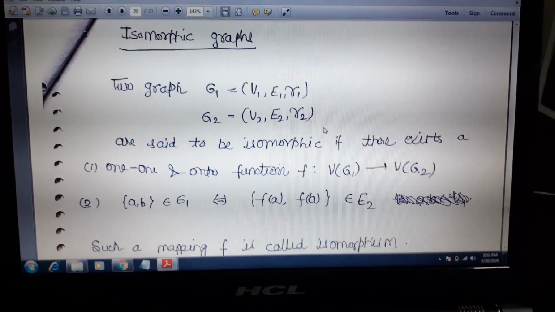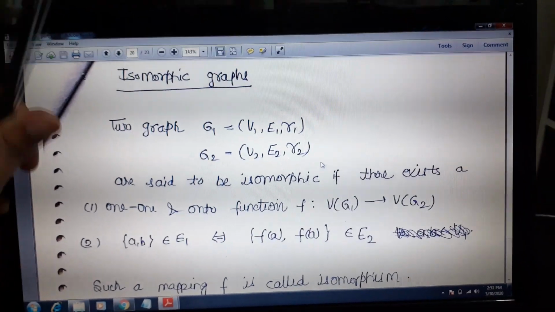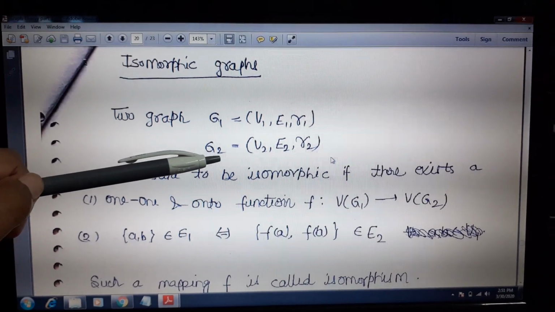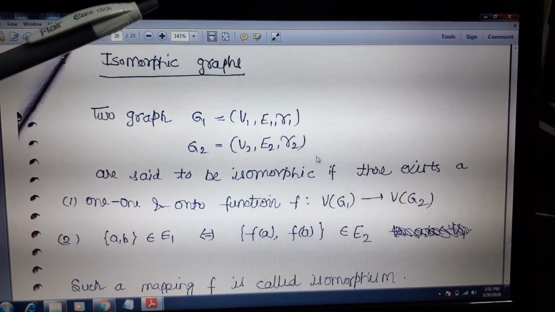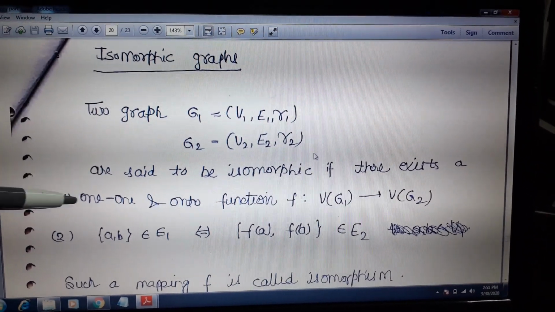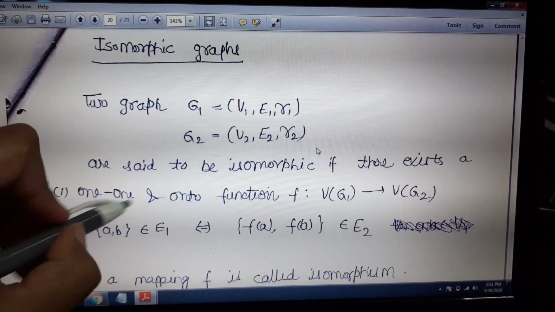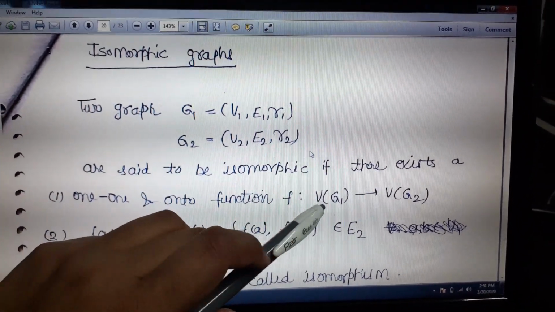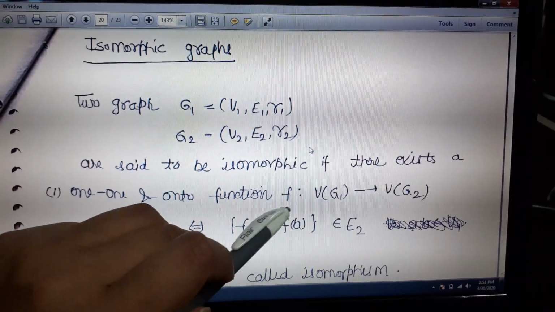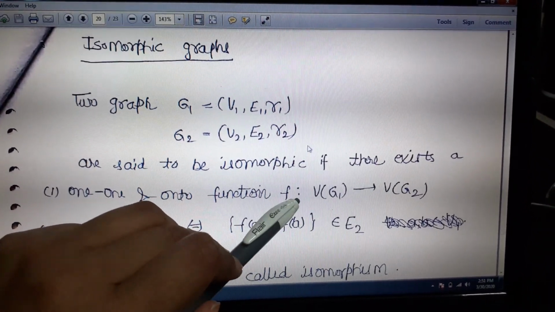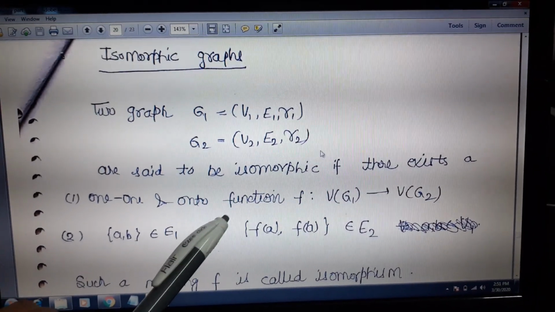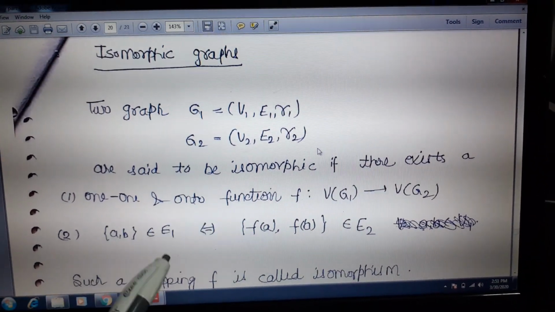Now let us get back to the formal definition. Here, G1 and G2 are the graphs given to you. As I told you in the example, these graphs are said to be isomorphic if you have a 1-1 onto function f from the vertex set of G1 to the vertex set of G2. Yes, we had the function in the previous example. We construct it in a way that it becomes 1-1 and onto.